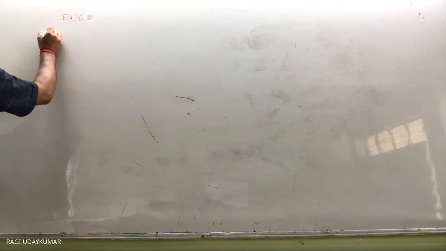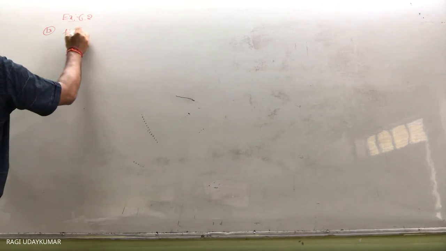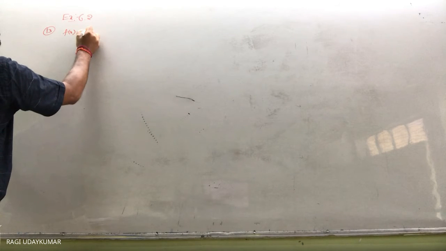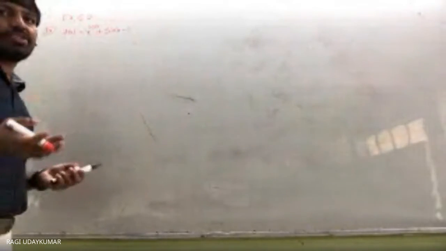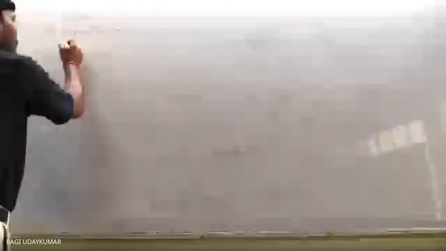The function is given that f of x is equal to x power 100 plus sin x minus 1. On which of the following intervals is this function strictly decreasing? The intervals are given to you.